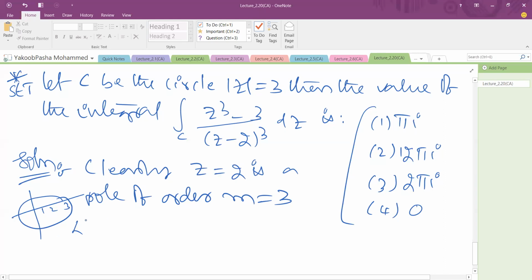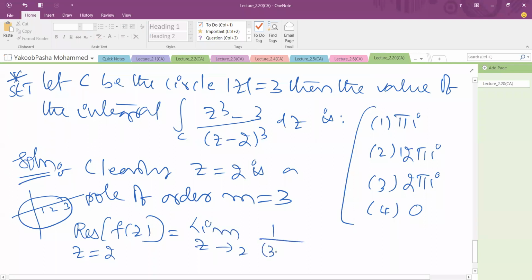So we have to calculate the residue of the function. Therefore, residue of f of z at z is equal to 2, where f of z is z cube minus 3 by z minus 2 whole cube, is equal to 1 by 3 minus 1 factorial, limit z tends to 2, d power 3 minus 1, that is d square by dz square, of z minus 2 whole cube into f of z, that is z cube minus 3 divided by z minus 2 whole cube.